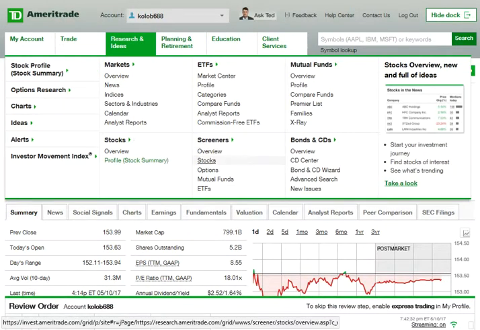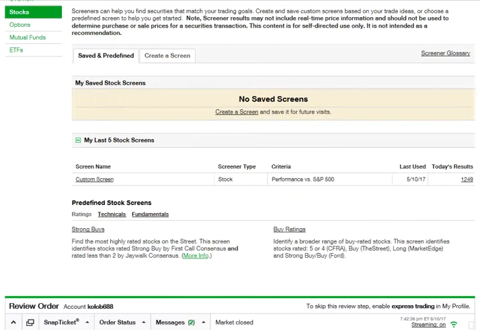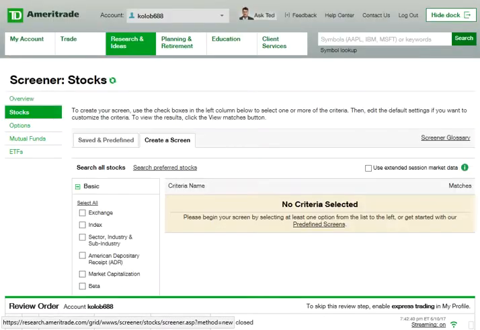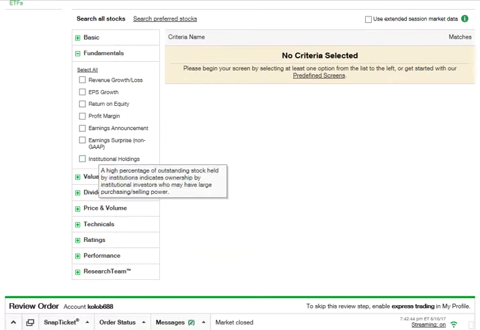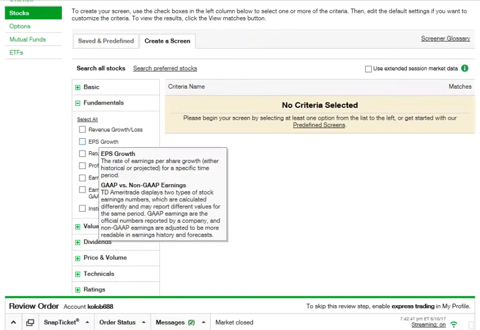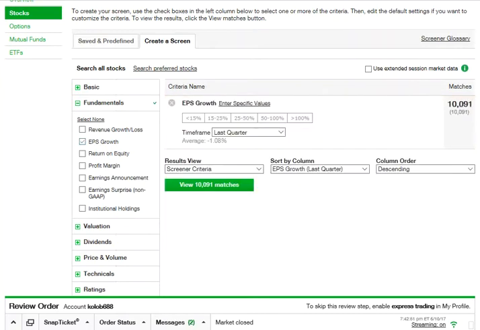stock screener. This is TD Ameritrade, and we'll screen for some stocks here. And let's go to create a screen, and we'll look for some good fundamentals, and we'll look for how about earnings per share growth right there. And let's look in growth, let's say 50 to 100%.